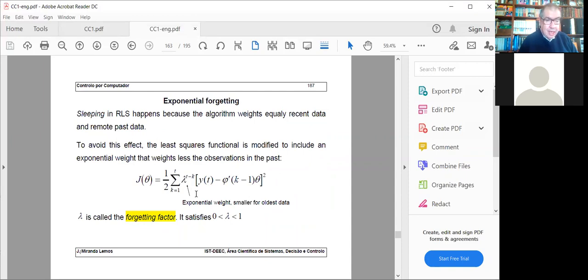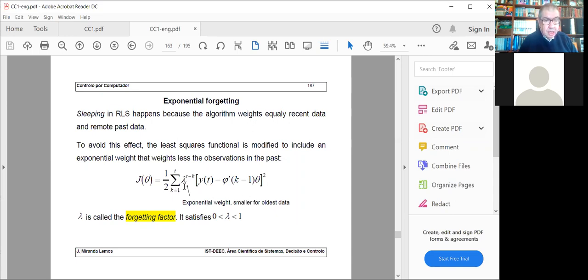Now, one idea is to weight less the more remote observations. So observations that you did long ago, say 500 points ago, are less important than the last observations that you have made. So how can we do that?